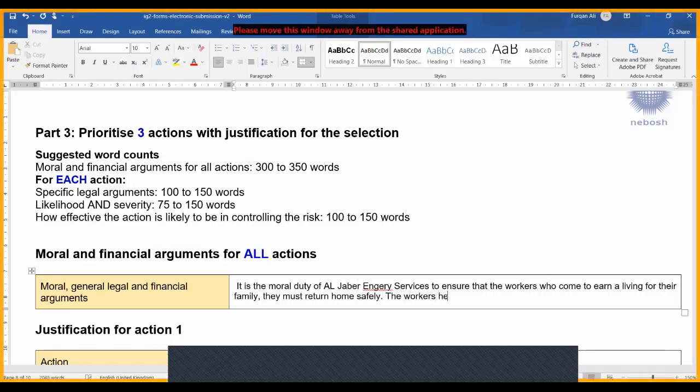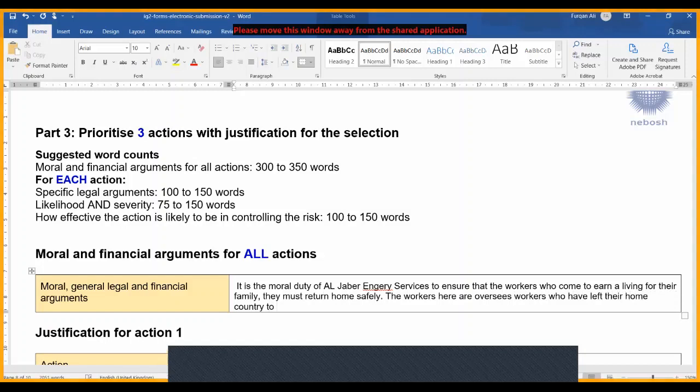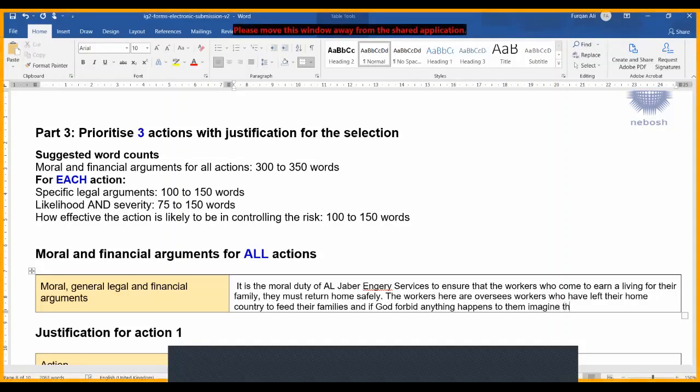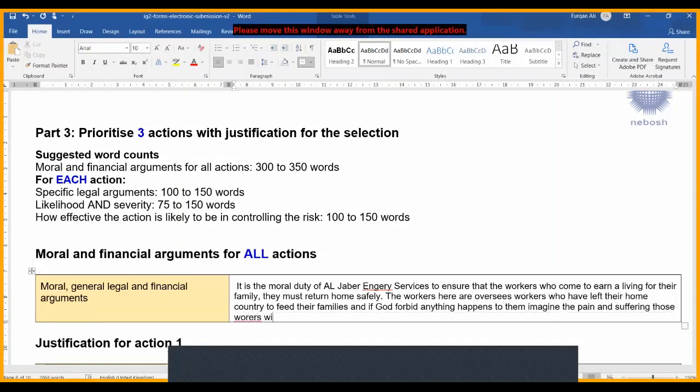The workers here are overseas workers who have left their home country to feed their families, and if, God forbid, anything happens to them, imagine the pain and suffering those workers will go through because of the injury.